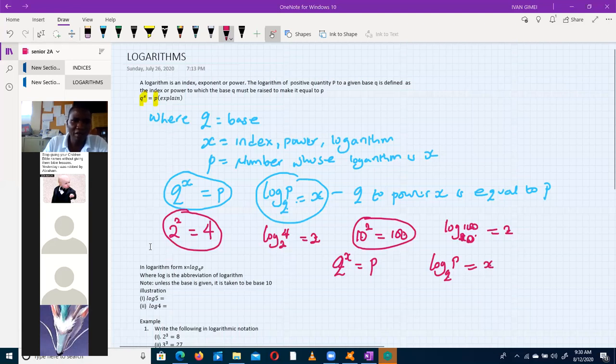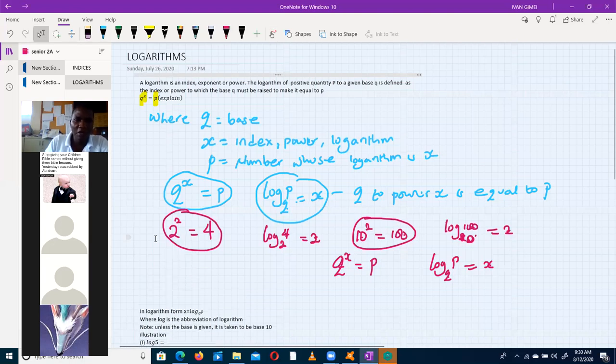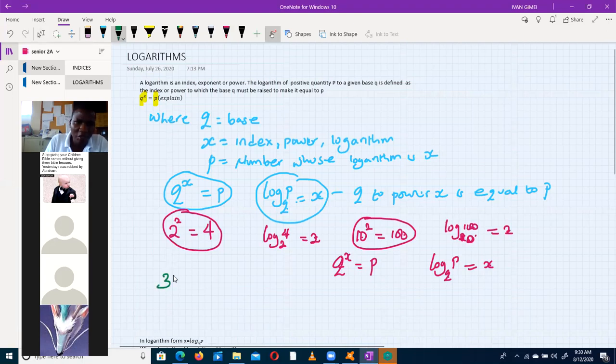Let me give you another example. If you have 3 to the power 4 is equal to 81, this is in index form. Now in logarithm, how do you write this?